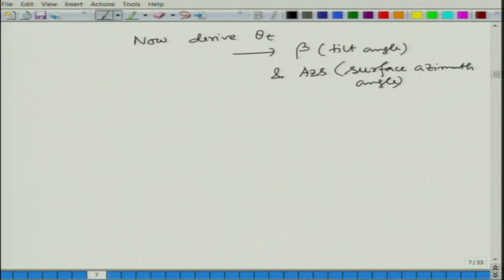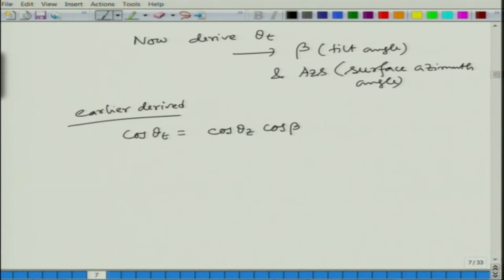Okay. Now, earlier we have derived that cos of theta t is cos of the zenith angle, cos of tilt angle, plus sine of zenith angle, sine of tilt angle, multiplied by cosine of the difference between the solar and the surface azimuth angle.